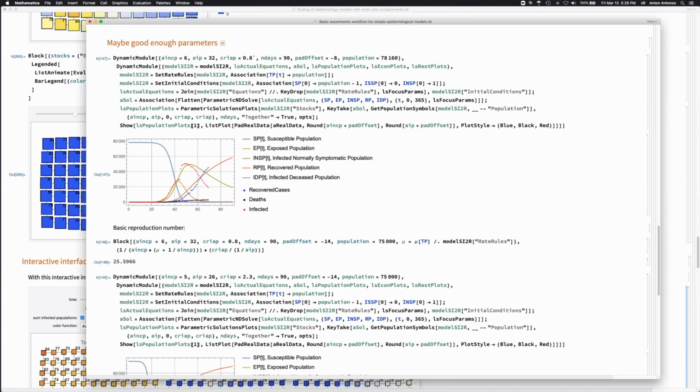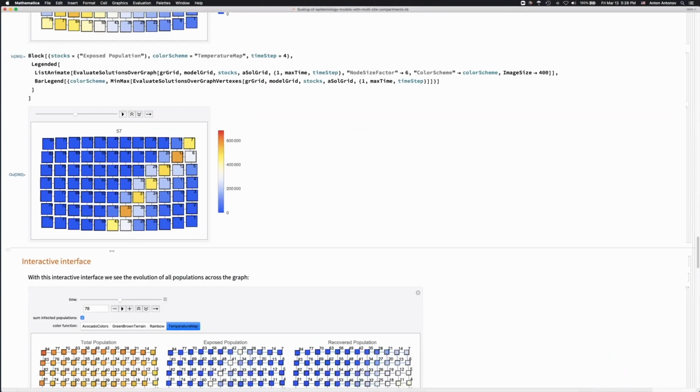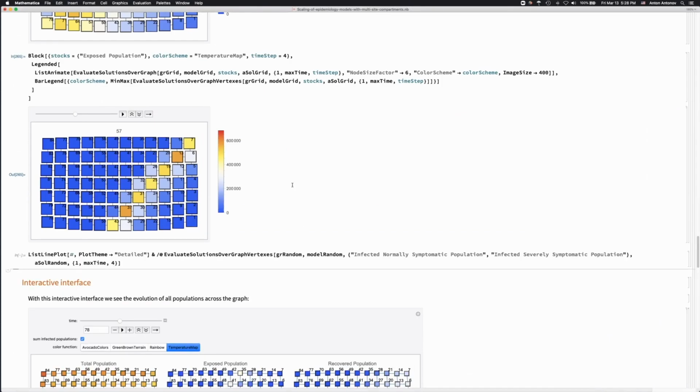But if I plot the results from what I have here, let me quickly readjust the numbers here, say, for the infected and for the affected population. So here is the one from the grid.